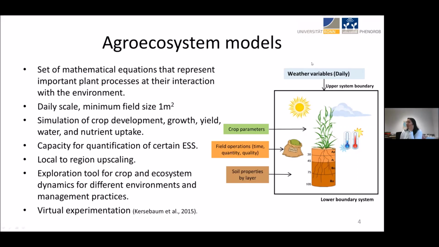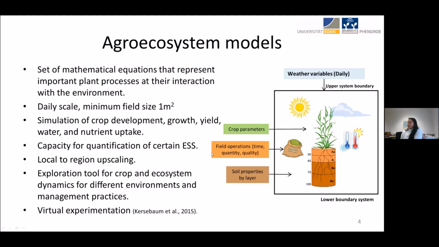So basically, we have the weather variables, which are typically solar radiation, temperature, and daily rainfall. And then we have a set of crop parameters that define the crop type and also the different crop cultivars. Then we have the field operations. So for example, fertilizer application, when it occurs, the amount that is applied, and also the type of fertilizer that is used.